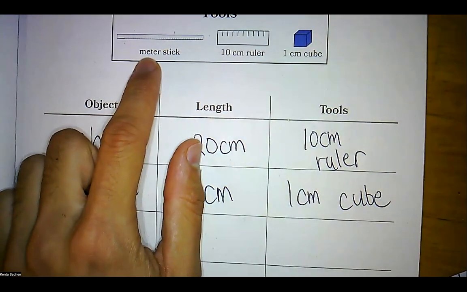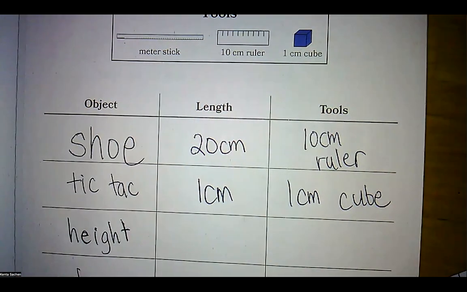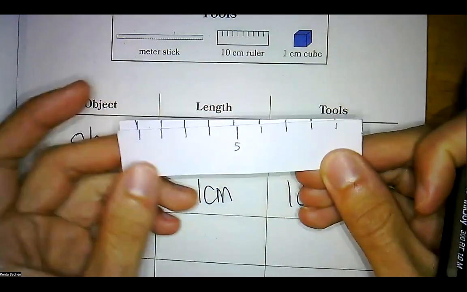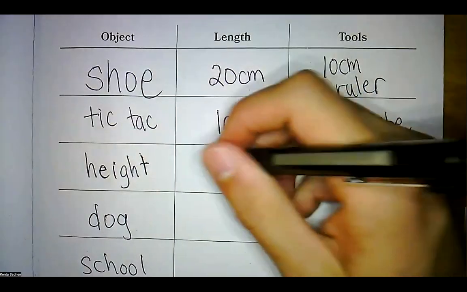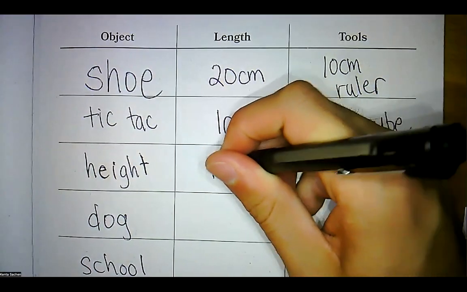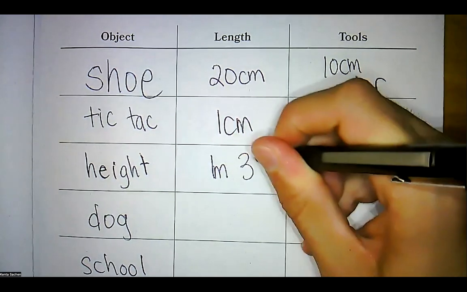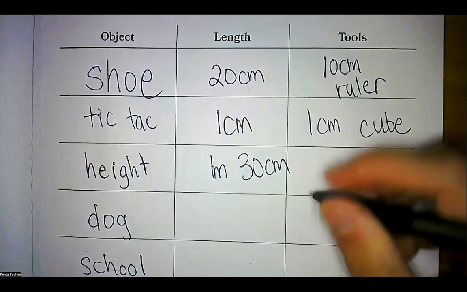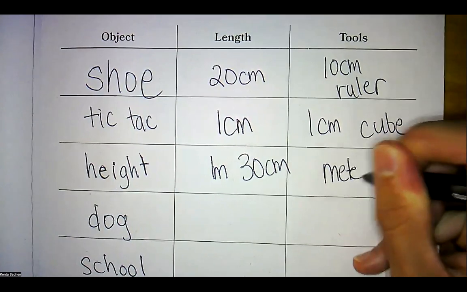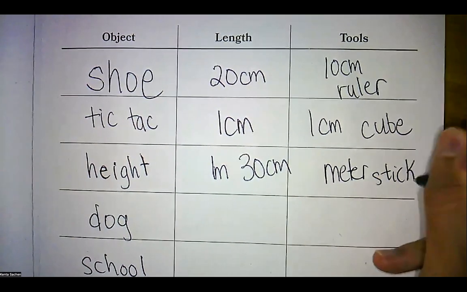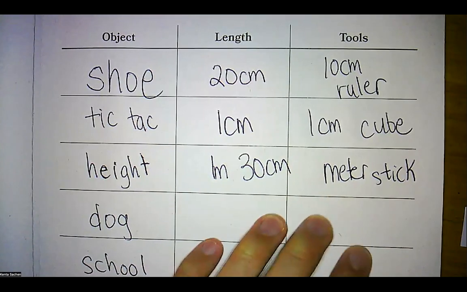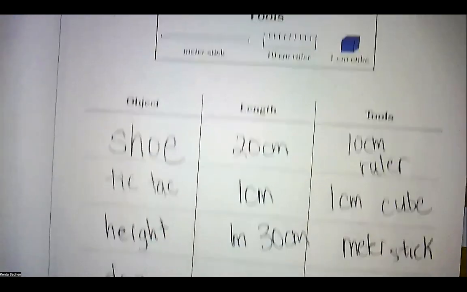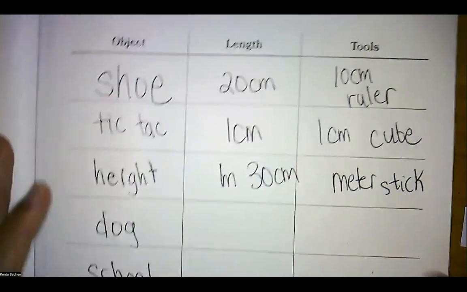I think I saw the most hands for the meter stick because we're all pretty big, much bigger than our little 10 centimeter ruler. So the meter stick makes the most sense. You might be about 1 meter, 30 centimeters, and we'll talk more about what that means later. But the meter stick would be perfect. You might need more than 1 meter stick, because you're probably taller than 1 meter, but that would be a great tool.